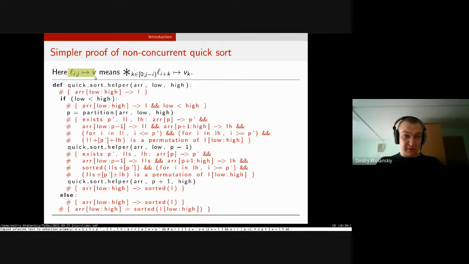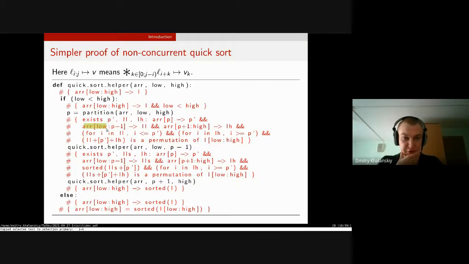I use this notation where a part of an array maps to some list to mean that the memory cells of this array map to the elements of that list.